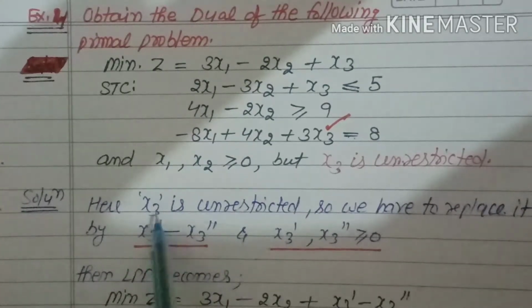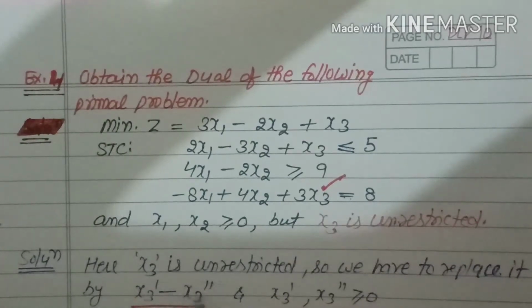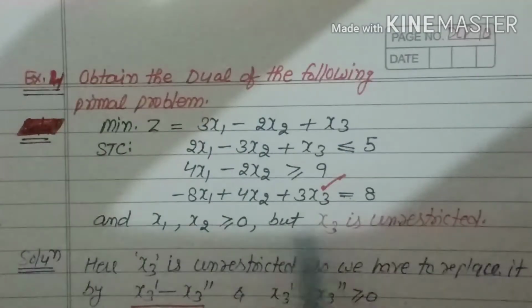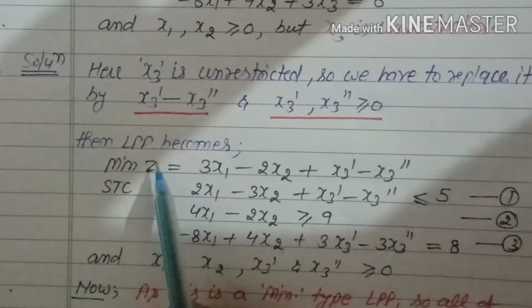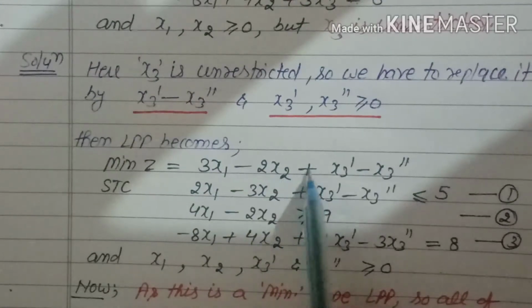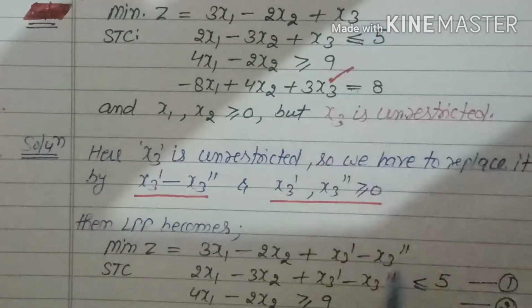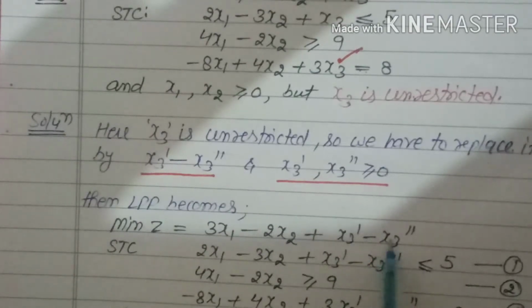Now we have to replace x3 by x3 dash minus x3 double dash in all these equations. So the objective function will become minimize z equal to 3x1 minus 2x2 plus x3 dash minus x3 double dash, as x3 has been replaced by the difference of these two variables.